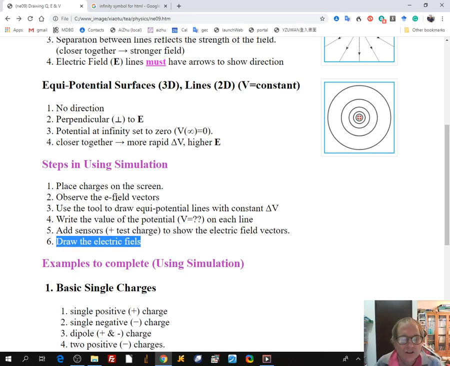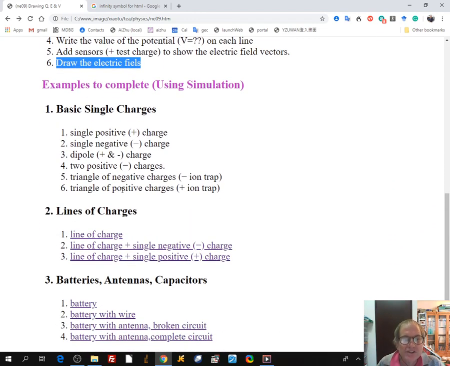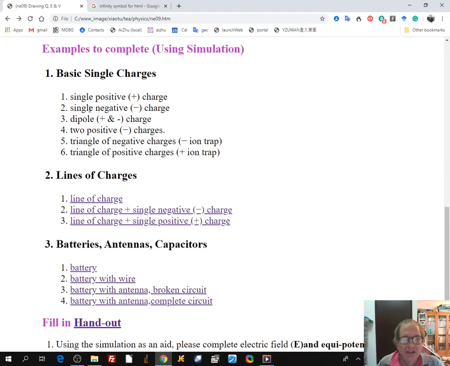All right, so let's start with a few basic examples to show how we're going to use the simulation. You've done a little bit of this in the PBL, but we want to go deeper now. Basically, we have 3 sets of examples to complete. Basic single charges, in other words, a positive charge, a negative charge. A dipole, a positive and a negative charge. 2 negative charges. A triangle of negative charges, that would be a negative ion trap.